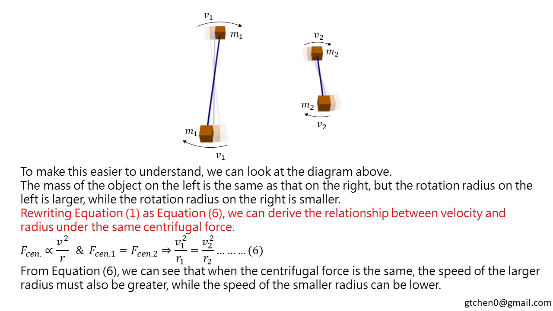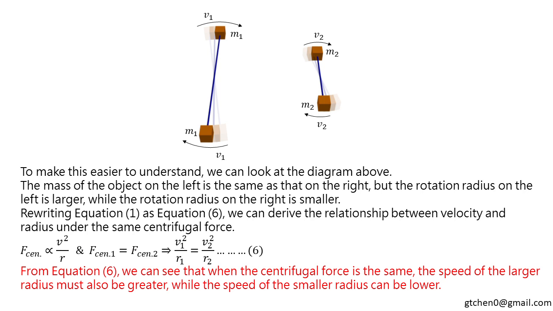Rewriting equation 1 as equation 6, we can derive the relationship between velocity and radius under the same centrifugal force. F_n is proportional to v² divided by R. F_n1 equals F_n2 implies V1² divided by R1 equals V2² divided by R2.